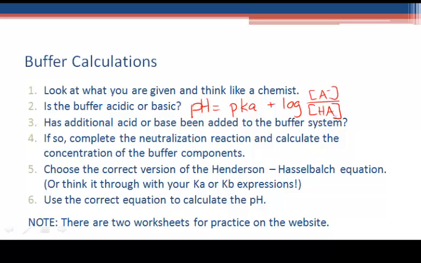Now, if you know your Ka value for the acid and those ratios, you can figure out where your pH value will fall. Will this be a buffer with a pH in the acidic region, less than 7, or basic? That's the first step, and if you just have a buffer solution, you probably have now finished the problem.